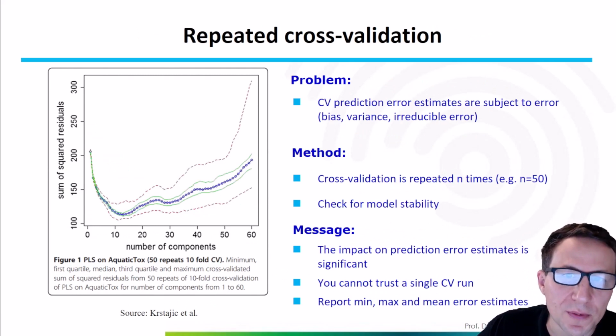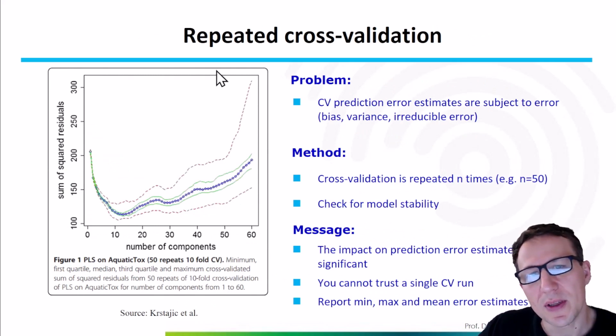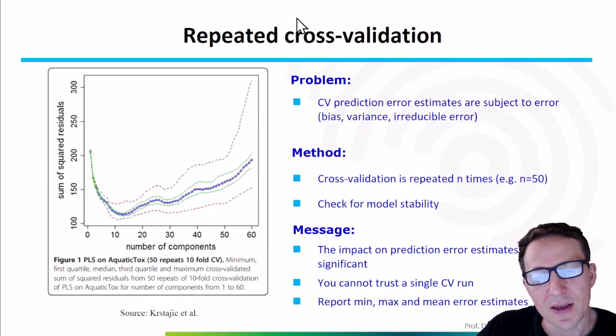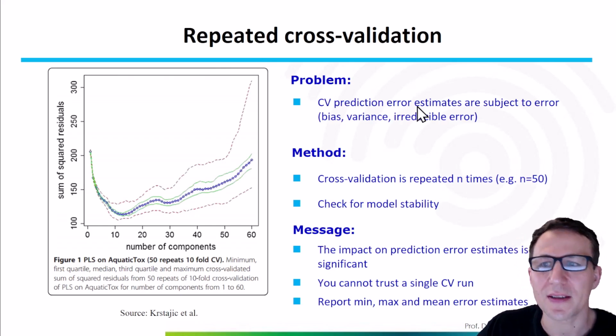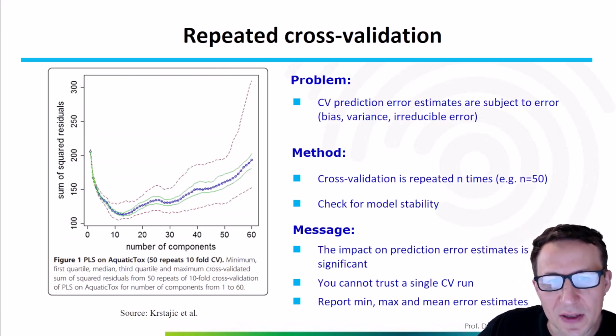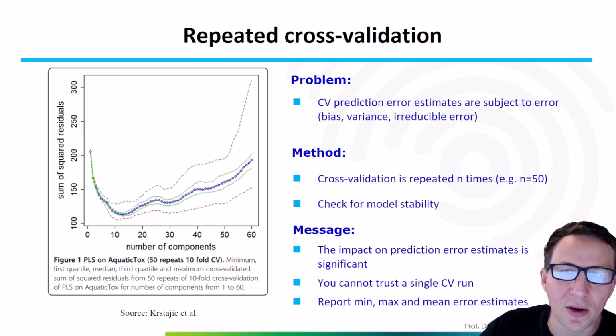Pitfall number 2 has to do with repeated cross-validation. So the thing is that when you do cross-validation, you obviously randomize your data set into these 10 folds. But as it turns out, there's some variance in there.